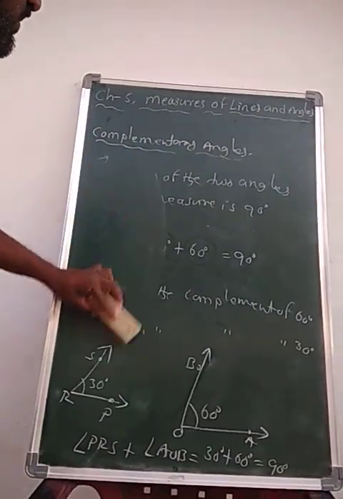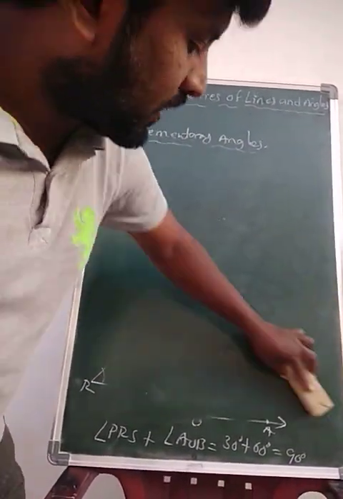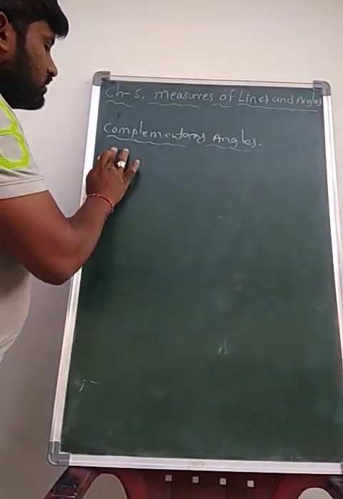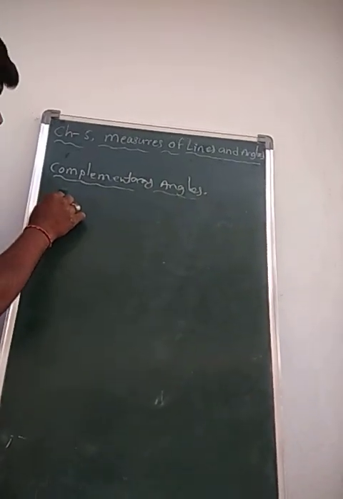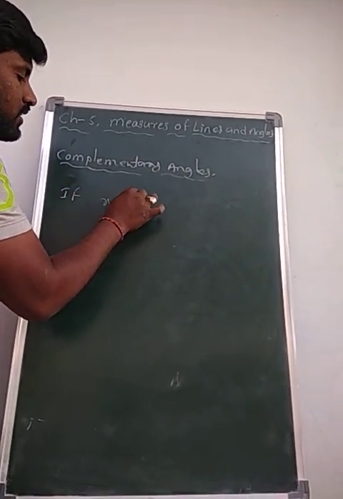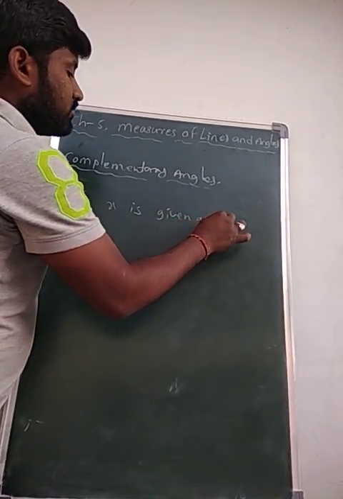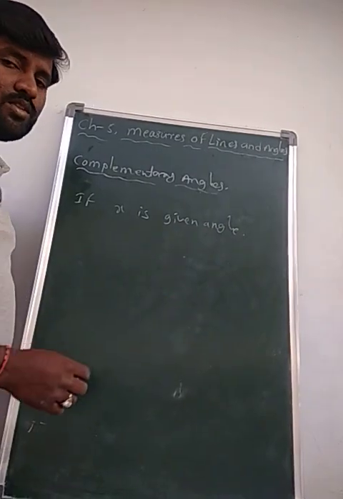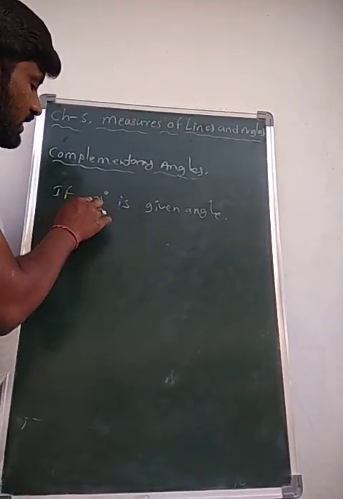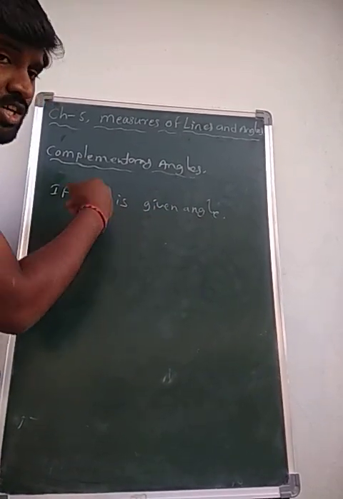Next, if you know one angle, how to find its complement. For example, if x degrees is the given angle, then how to find its complement angle?